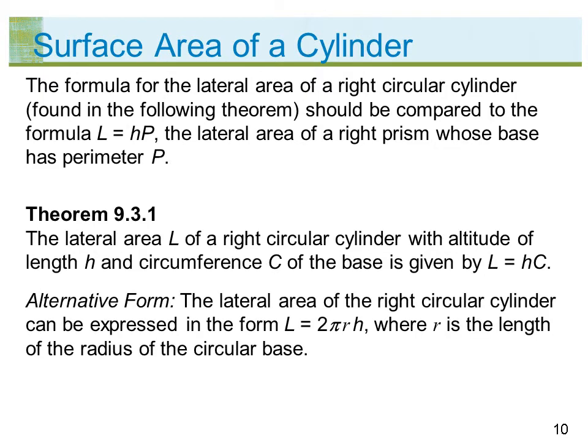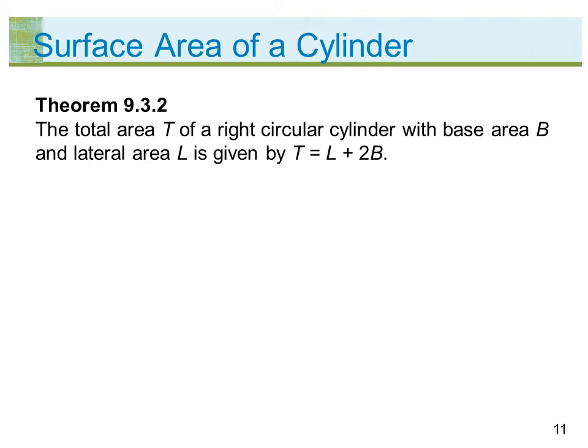Alternative form. The lateral area of the right circular cylinder can be expressed in the form L equals 2 pi rh, where r is the length of the radius of the circular base. Theorem 9.3.2.